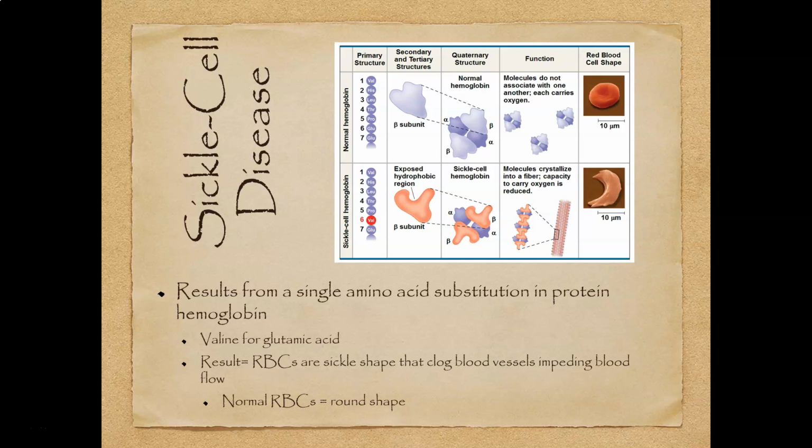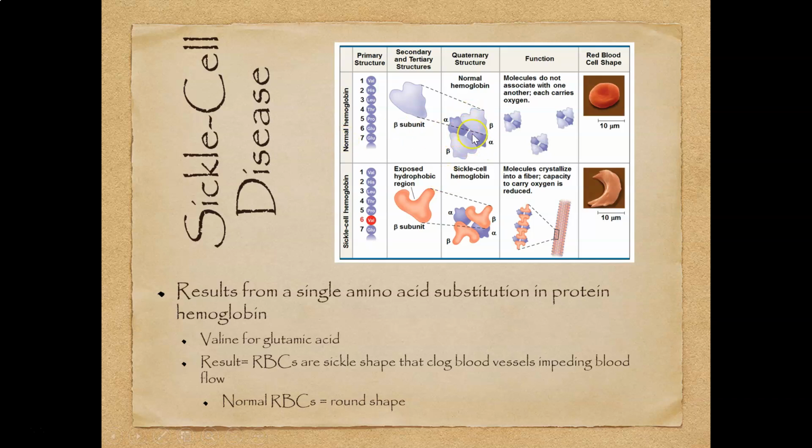Well, part of why AP loves sickle cell as a good model to explain how things function is because sickle cell disease is an example of a point mutation, meaning we've changed one letter in your DNA, and that resulted in a single change to the sixth amino acid in your beta subunit of hemoglobin. Remember I just said hemoglobin is 4 subunits, 2 alphas and 2 betas. So sickle cell is a result of a single mutation in that beta chain.